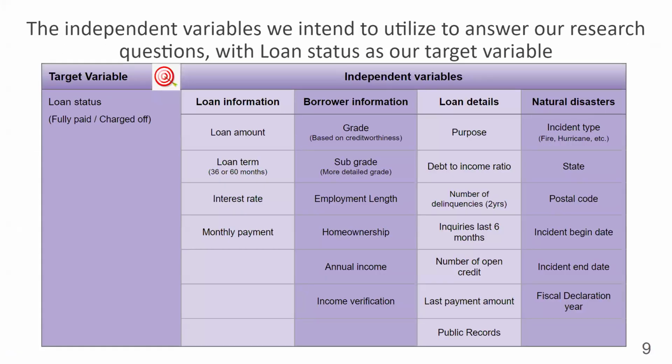Right here, which represents either if a loan was fully paid off or charged off. So I think the best way of knowing if it was default is by using this target variable.